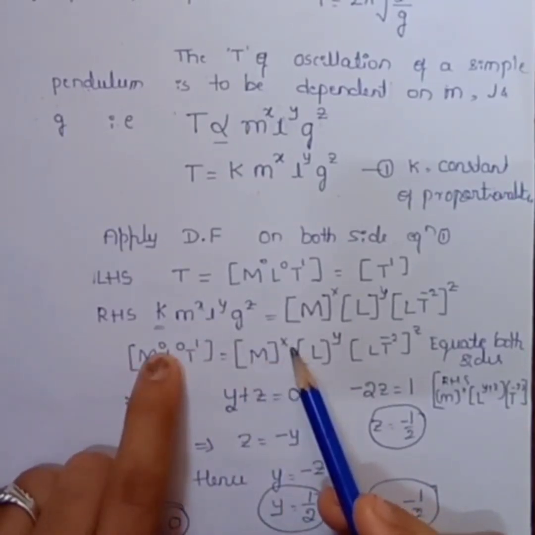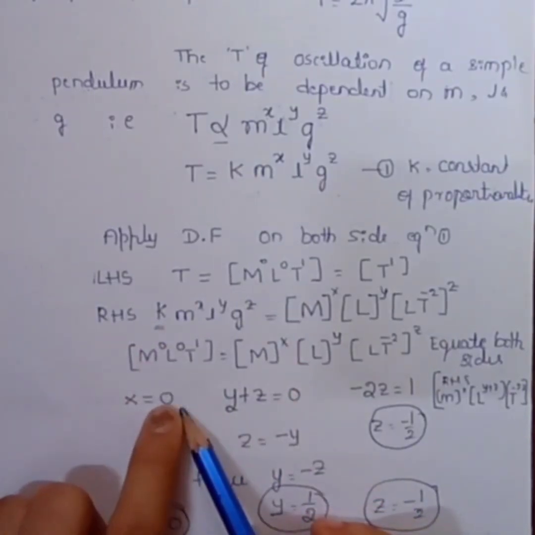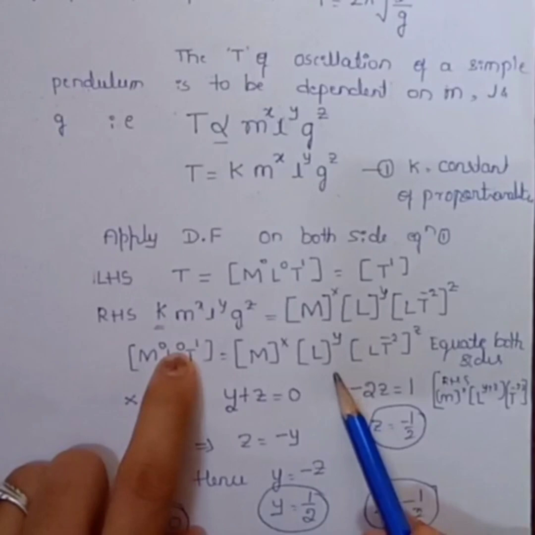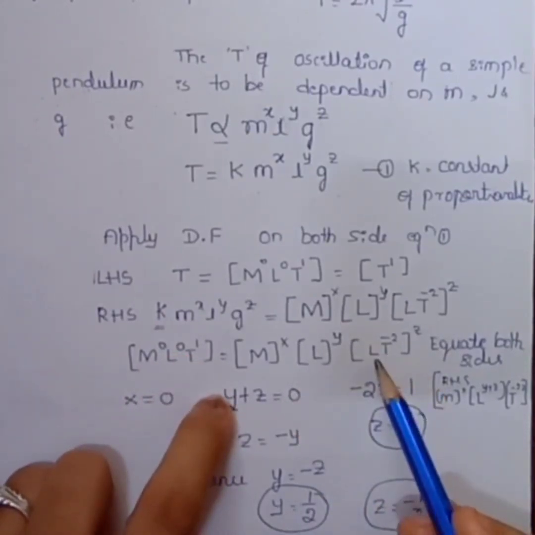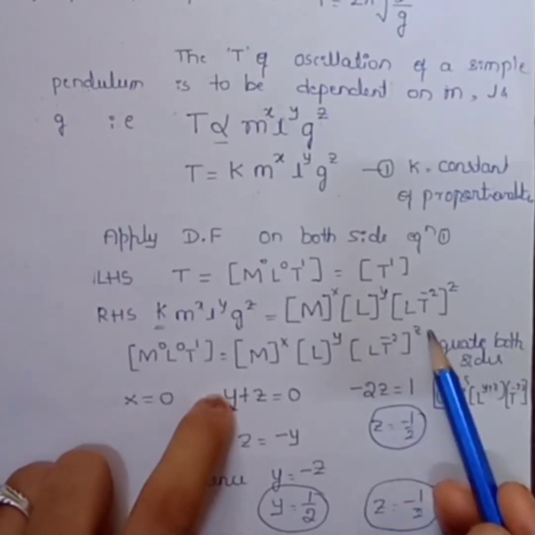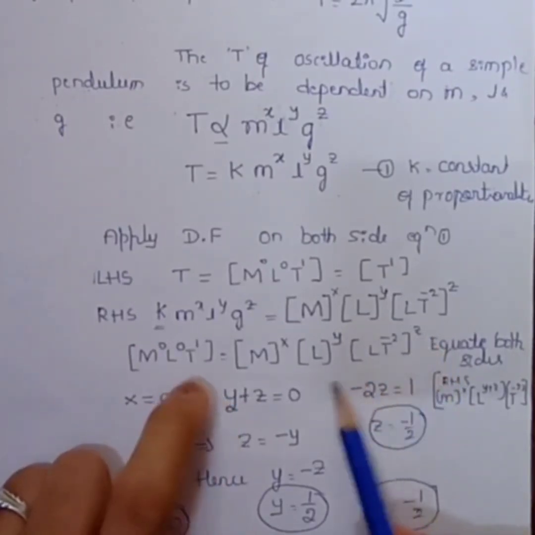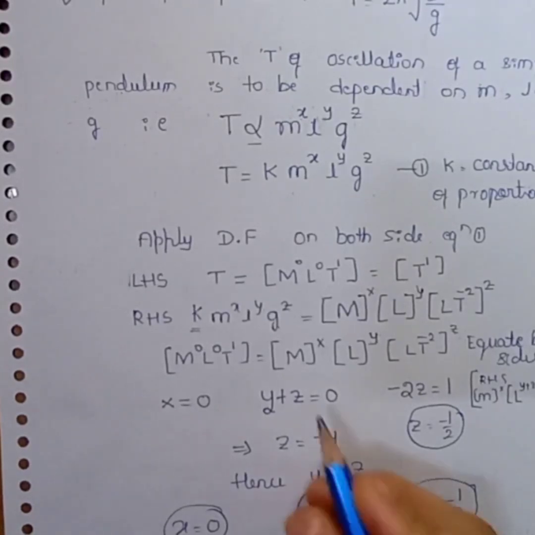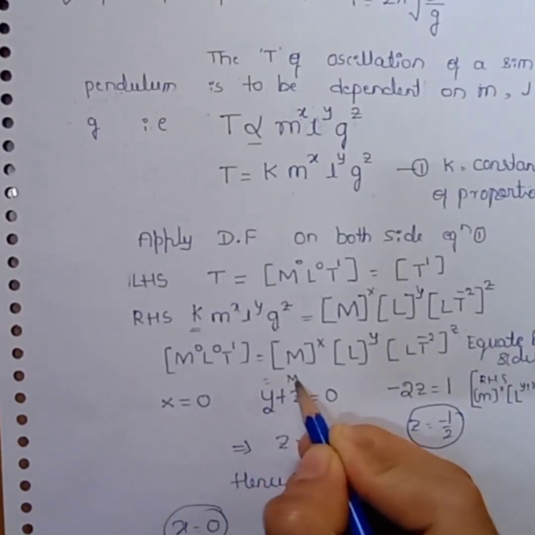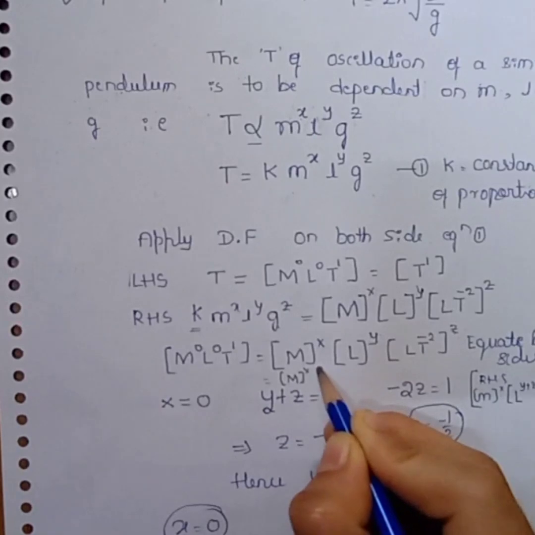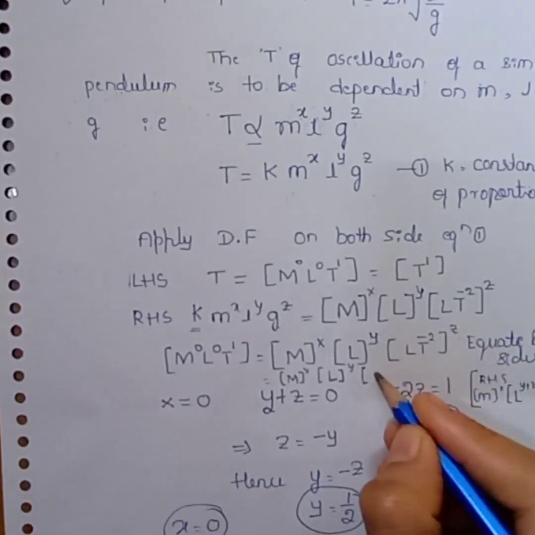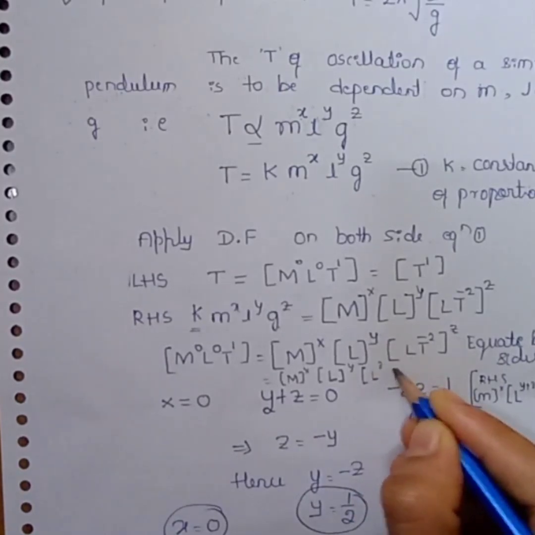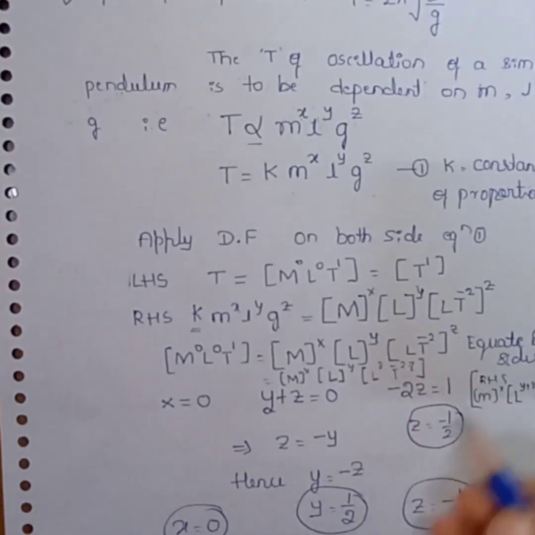Powers are equal to each other, then it becomes x is equal to 0. And L to the power of 0 is there, L to the power of y is there, and again LT⁻² to the power of z is also there. It can be written as M to the power of x, L to the power of y, and here also it contains L to the power of z and T to the power of minus 2z.